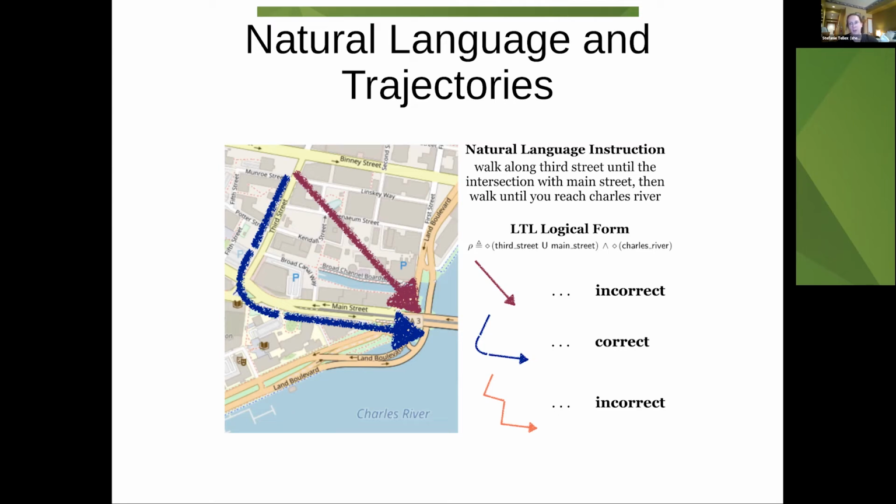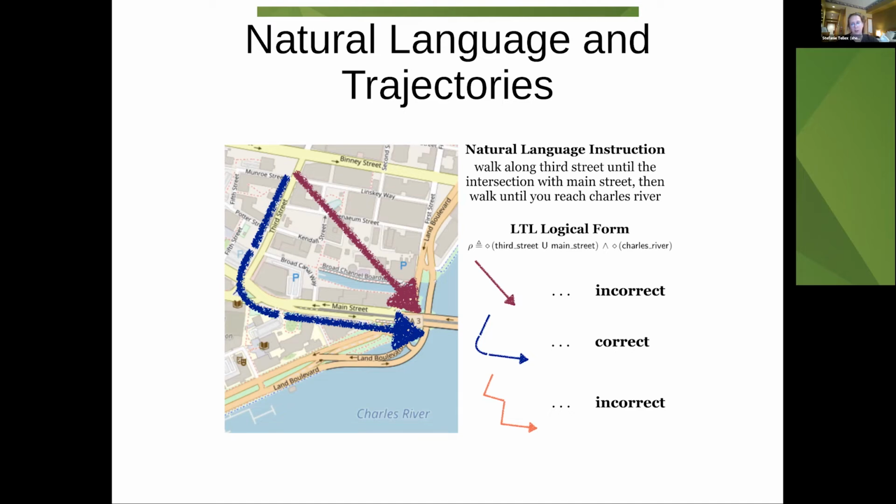So at the end of the training process, the robot has both annotated the training set with LTL expressions, and has the ability to go from English sentences to logical form at test time.